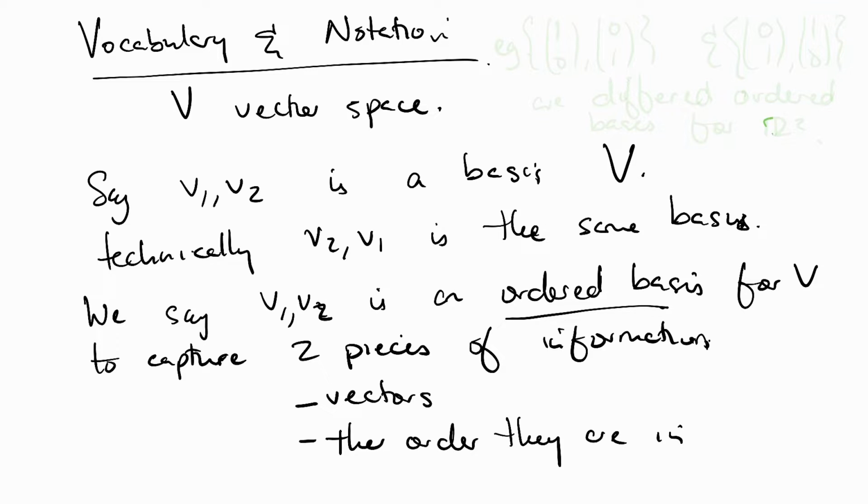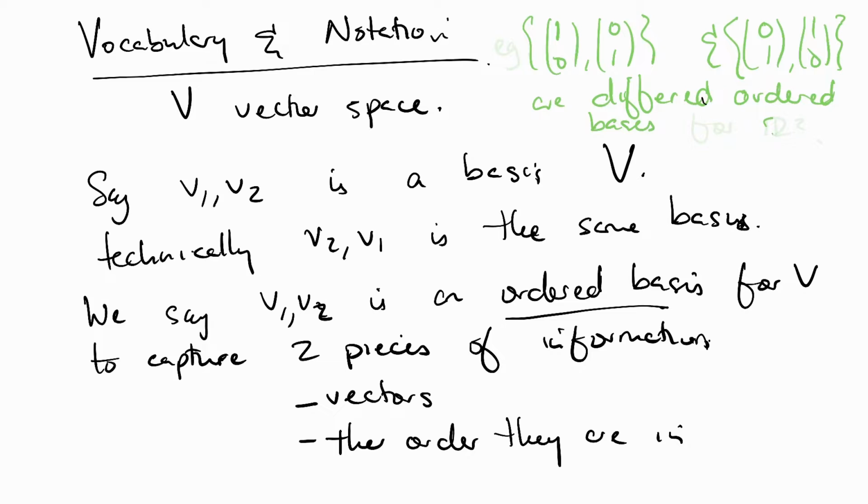The idea here being this, that (1, 0), (0, 1) and (0, 1), (1, 0) are different ordered bases for R2, for example.